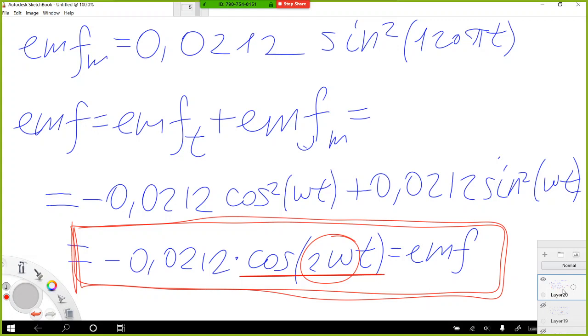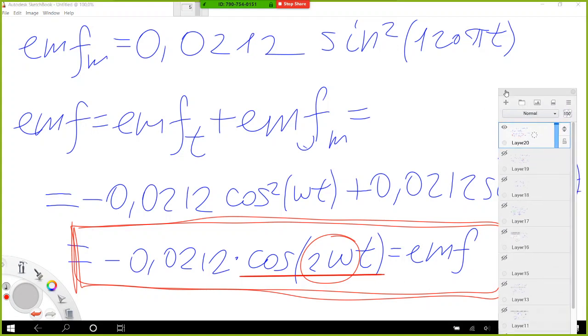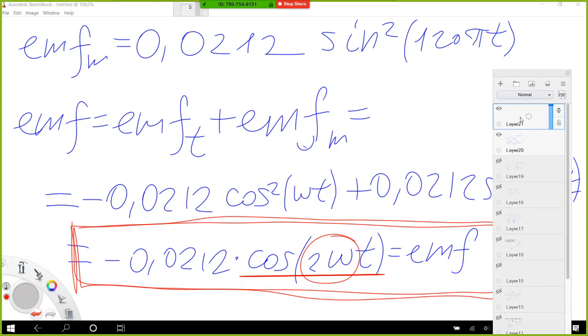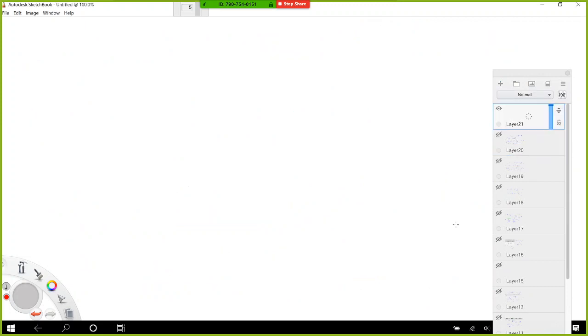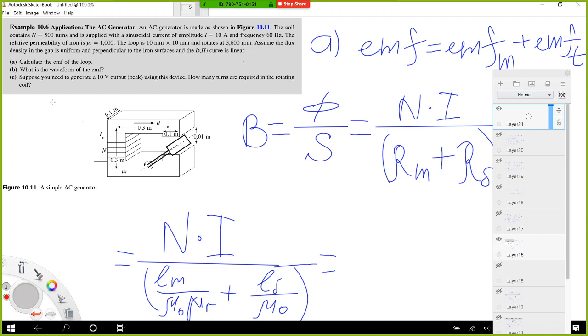So we have the third question in our problem also. Let's go to the third question.